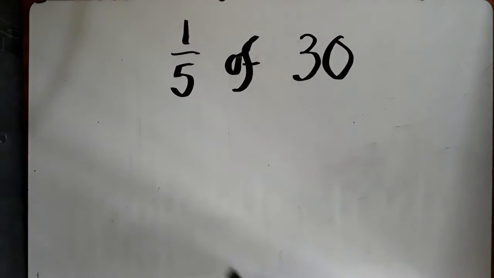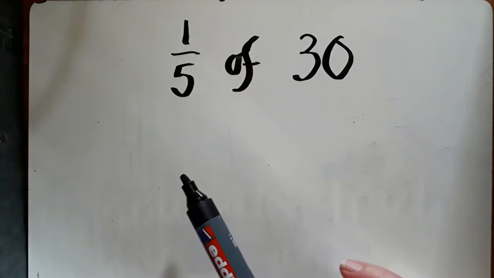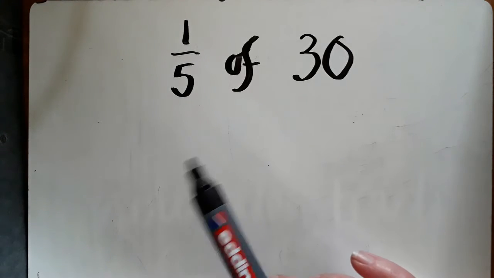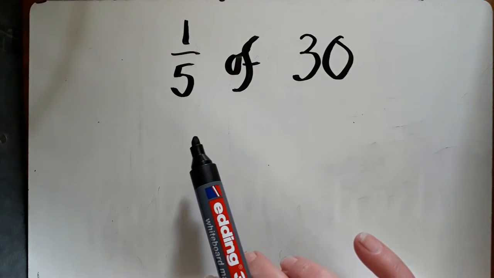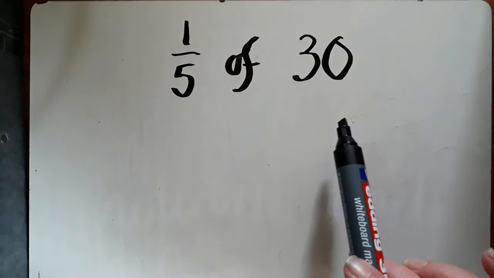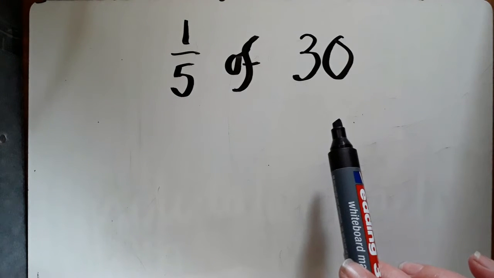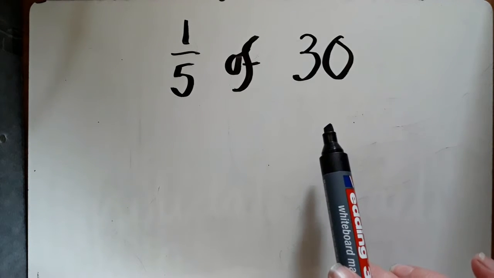Okay, so we're going to do an example on the board of the type of questions you're going to get on the sheet. The question is: calculate 1/5 of 30. We're going to do it in two different ways.